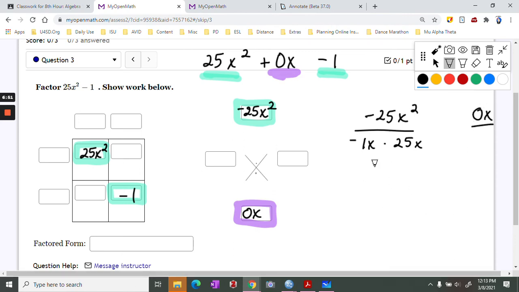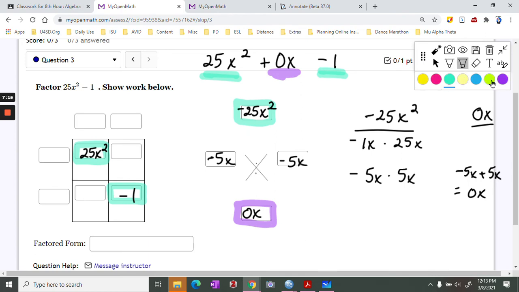So it doesn't matter which of these is negative, that is not adding to 0. So I'm going to check 5x and 5x. Negative 5x plus 5x, those are opposites, additive inverses, and that does add to 0x. Okay, and that goes into these two boxes here.